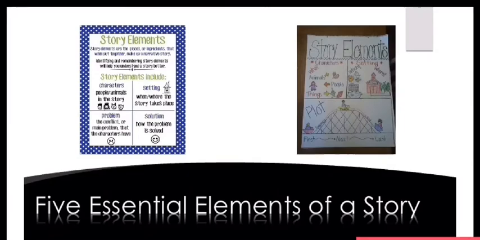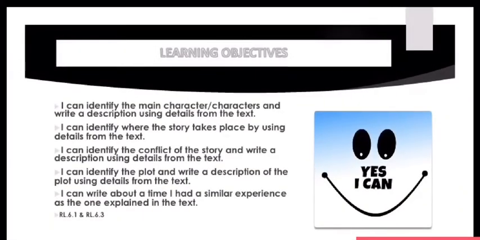Now we're going to move on to our learning objectives for the week. I can identify the main character or characters and write a description using details from the text. I can identify where the story takes place by using details from the text. I can identify the conflict of the story and write a description using details from the text.